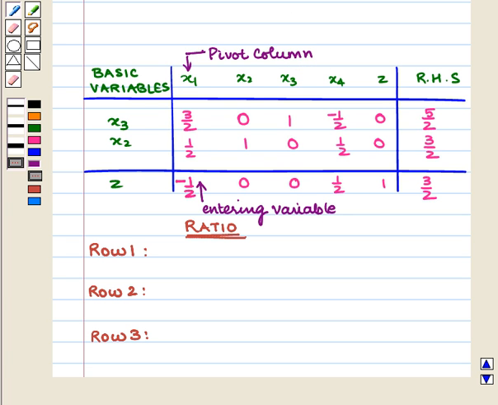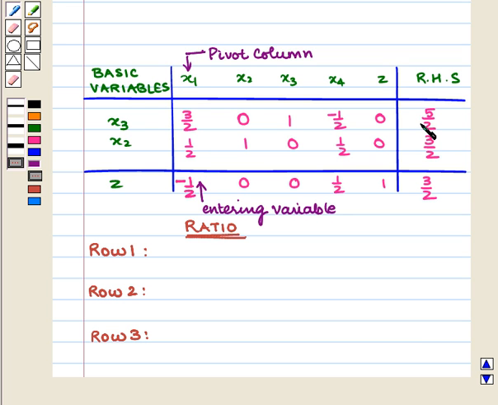Now we choose outgoing variable using the same method used in step 4. We find ratio by dividing element of the RHS column by the corresponding element in the pivot column.